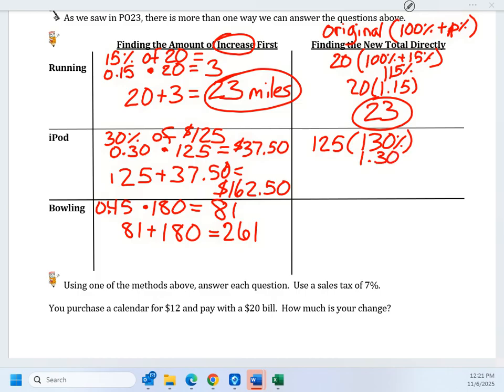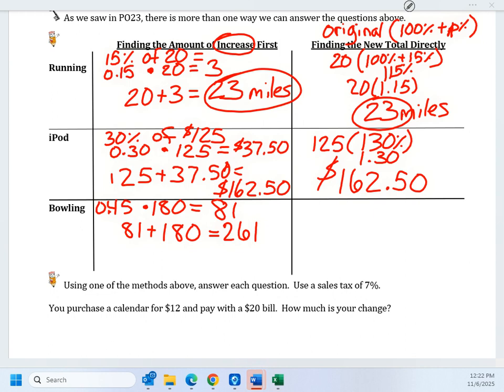What is 125 times 1.30? So everybody should have their calculator up. What is it, Leo? 162.50. 162.50 because it is money. Dollar signs are important. Okay, labels are important. 23 miles, $162.50.